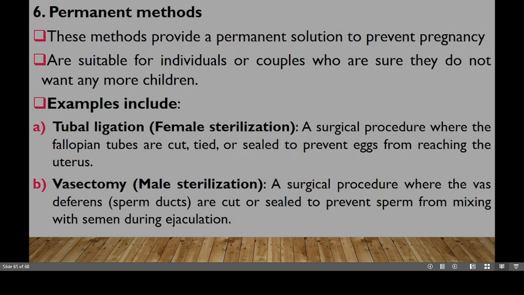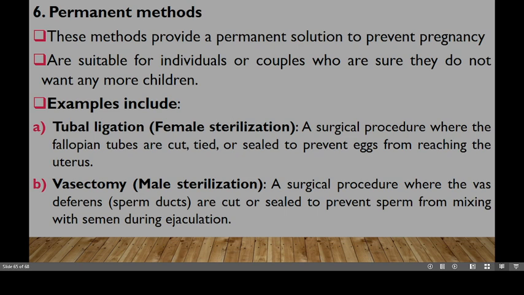Then we have the permanent methods, which provide a permanent solution to prevent pregnancy. They are suitable for individuals or couples who are sure that they do not want any children anymore. Here we need careful consideration, because if it's not done, these methods could lead to regret. For females, we have tubal ligation, that is female sterilization, and for males, we have vasectomy.